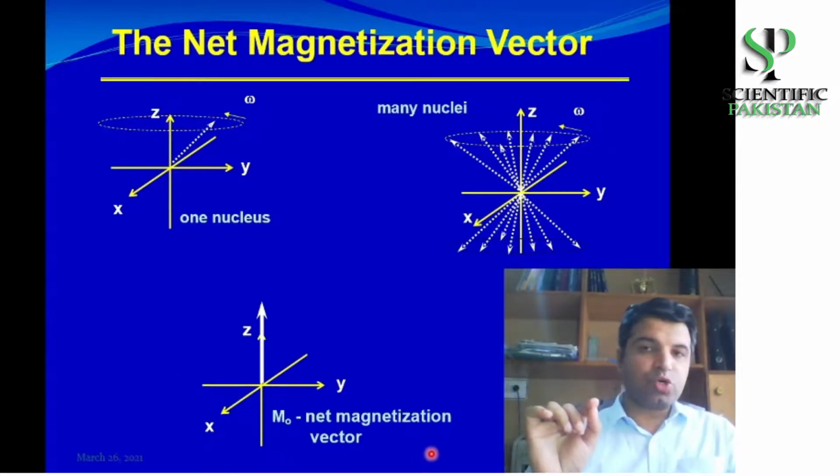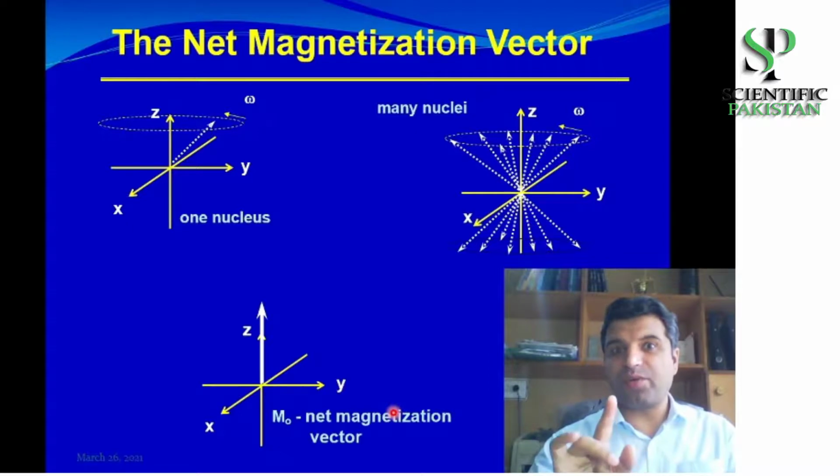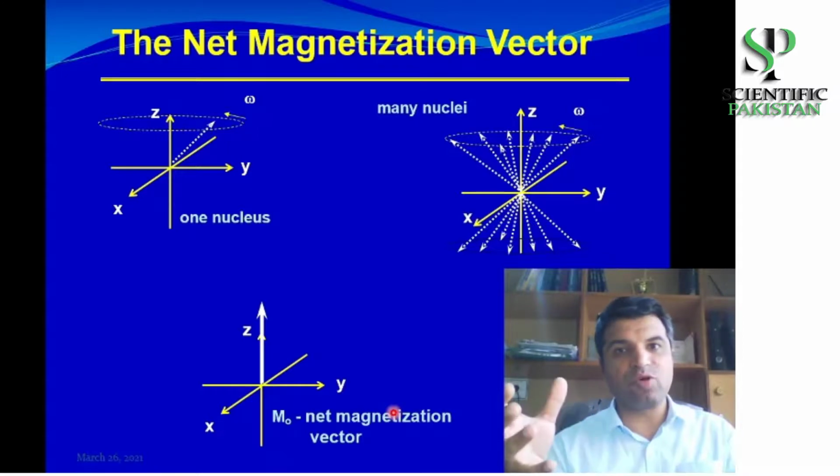Remember, everything we do in NMR is to do with the position of this M naught. So the position of M naught is very important. You will see later on why it's important. The position of this M naught in these three coordinates, the z-axis, y-axis, and x-axis, is very important, because a different position might give you different information about the molecule.